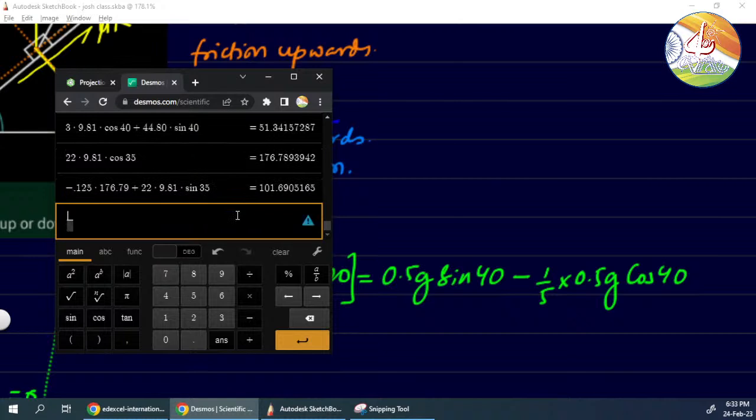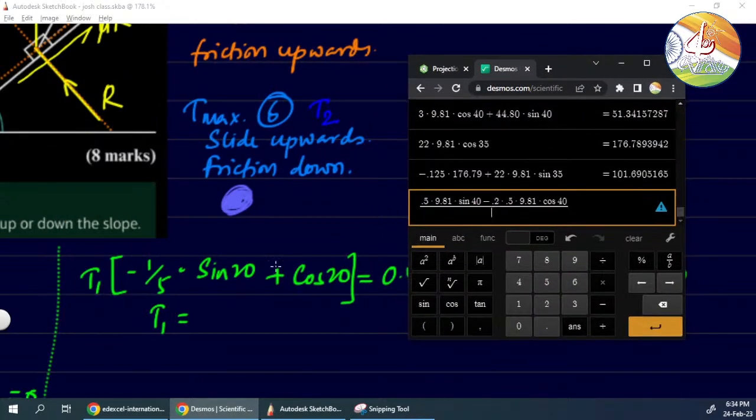So let's take A by B format. 0.5 into 9.81 into sine 40 minus 1 by 5, that is 0.2 into 0.5 into 9.81 into cos 40, and in the denominator we should have this quantity.